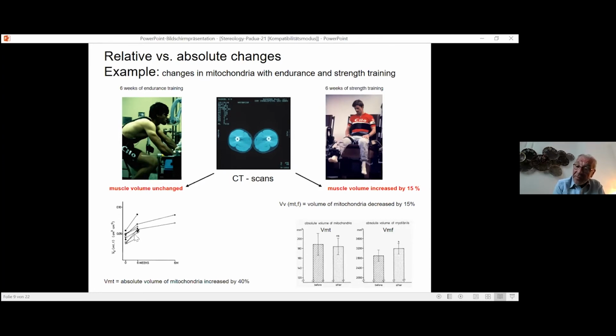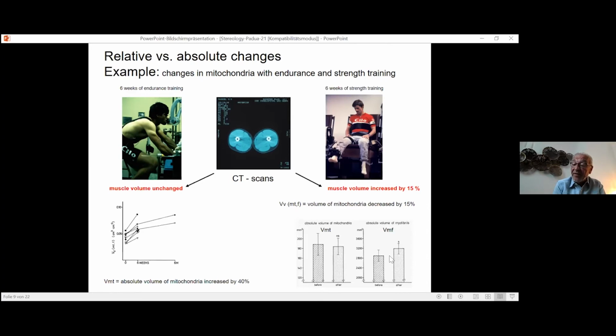This is not the case in strength training. In this study, in which we looked at change in muscle mass, we saw a muscle volume increase by 15%, but the volume density of mitochondria decreased by 15%, which indicates that the absolute volume of mitochondria remained the same from the untrained to the trained stage, but these mitochondria were diluted in a larger myofibrillar space.